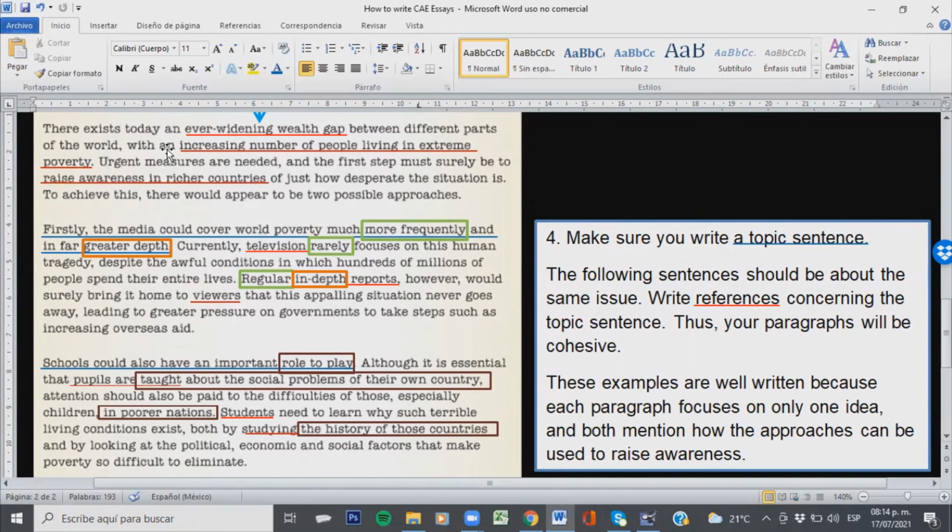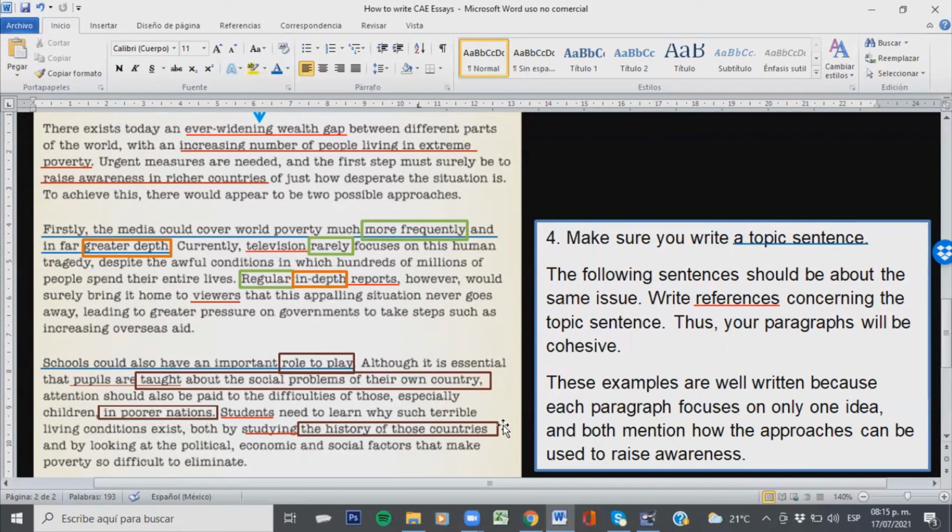For instance, ever-widening wealth gap, awful conditions, human tragedy, appalling situation, poorer nations, such terrible living conditions.